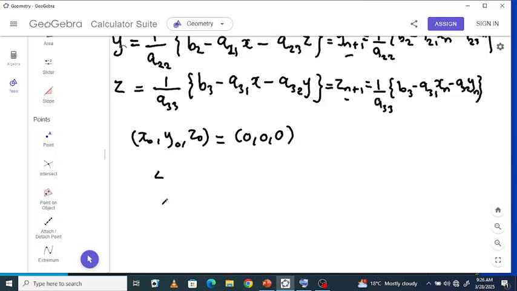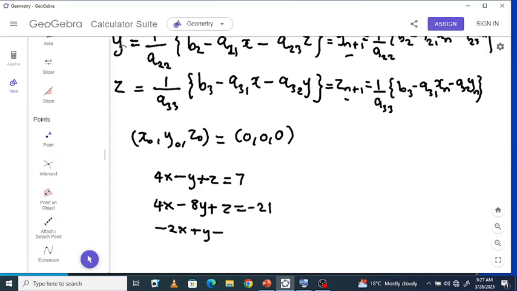We are given 4x minus y plus z is equal to 7. We are given 4x minus 8y plus z is equal to minus 21. And then you have 2x plus y plus 5z is equal to 15.